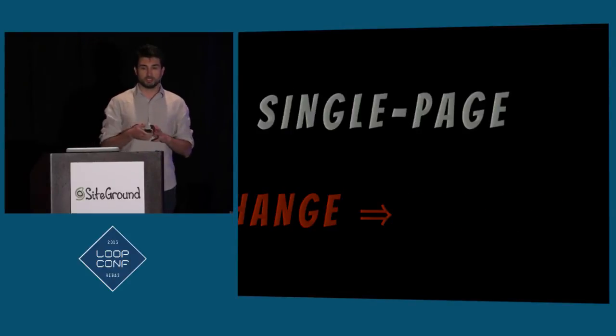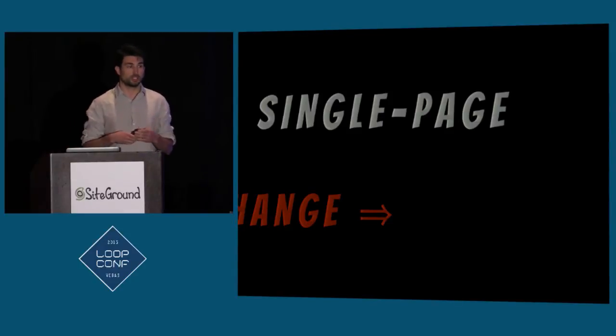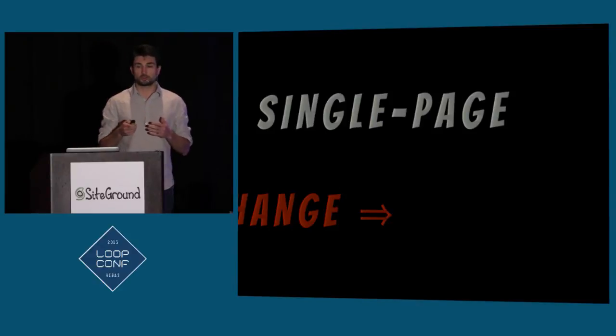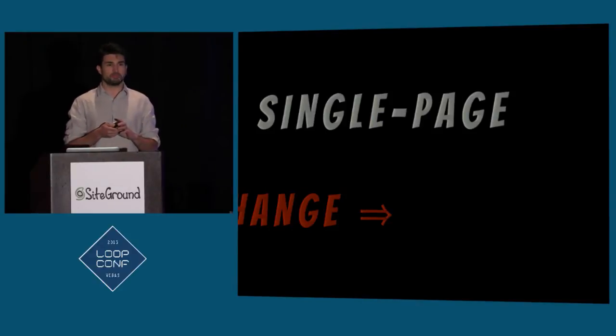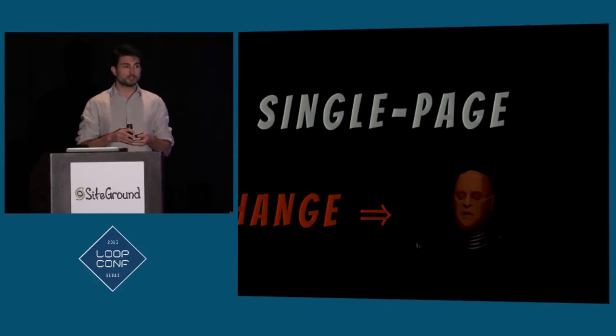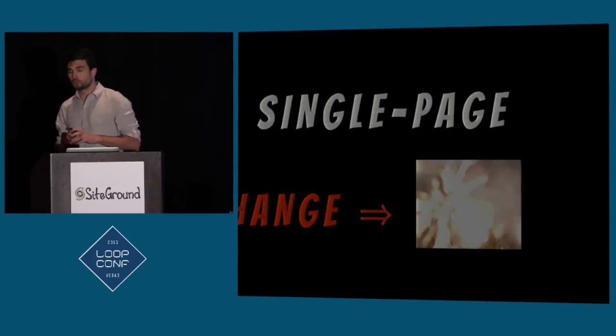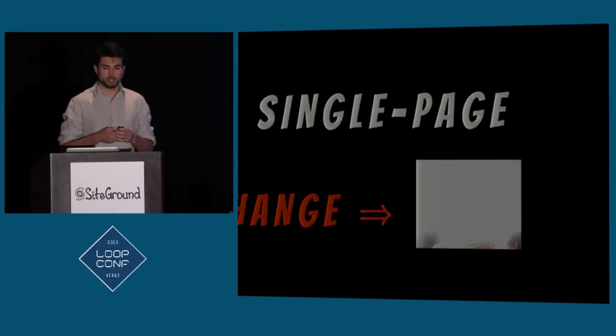In a single-page app, unfortunately, we do not have the luxury of starting from scratch. We need to somehow account for the change. And even if it's something incredibly simple, I'm sure all of you have written a button which shows and hides something. And even for something as simple as this, dealing with change can be hard, because there are a lot of different possible states to remember and to act on.